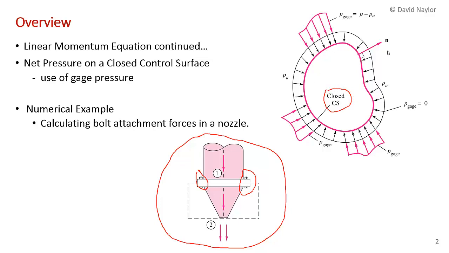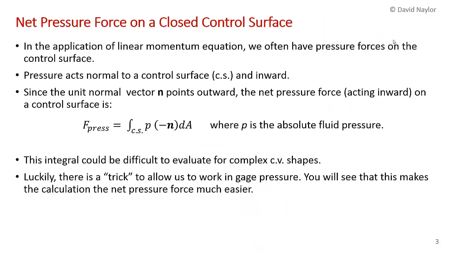And remember, the unit normal vector here points outward by definition. So if we want to calculate the total pressure force through integration, we have to integrate P dA, but the minus n accounts for the direction. n points outward, so minus n means that you get a pressure force that is inward, where P in this case is the absolute pressure.